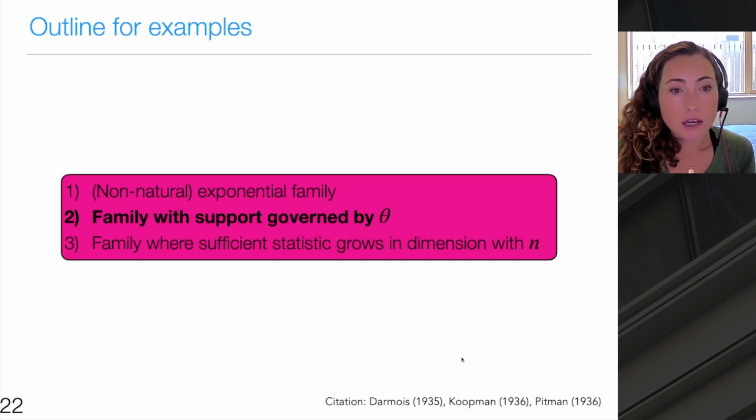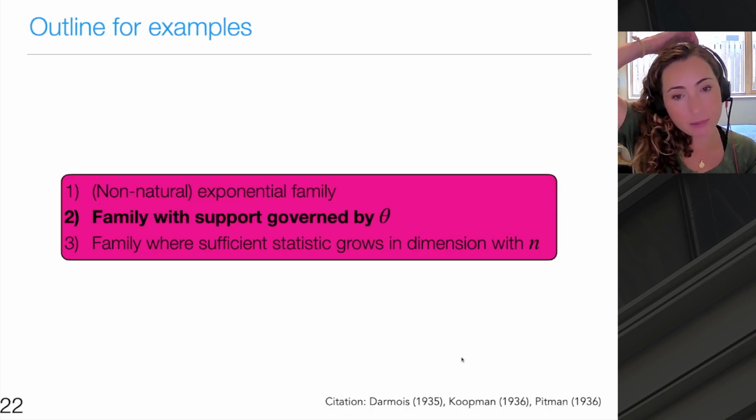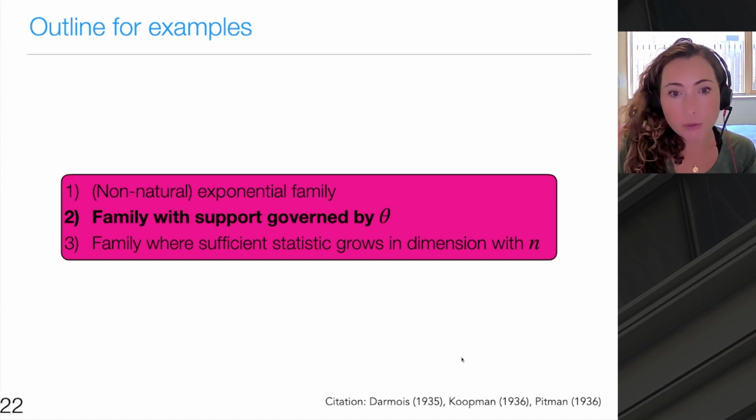Okay. So next I'm going to show you an example of a family with support governed by theta. So now we're outside of the exponential family, but we know that outside of the exponential family, sufficient statistics arise either in families with the support governed by theta or in settings where the sufficient statistic grows in dimension with n. So right now we're looking at that second case.